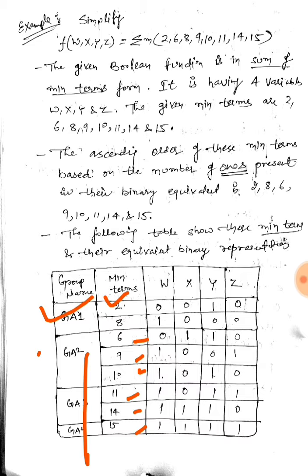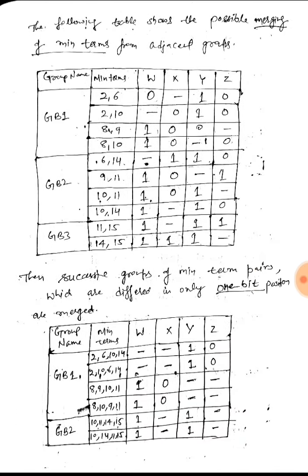In 2 and 6, w is 0 in both, y is 1 in both, z is 0 in both. Only x is changing from 0 to 1, so there is only a 1 bit change, so I will group them together, and similarly all other minterms, as you can see in this table.